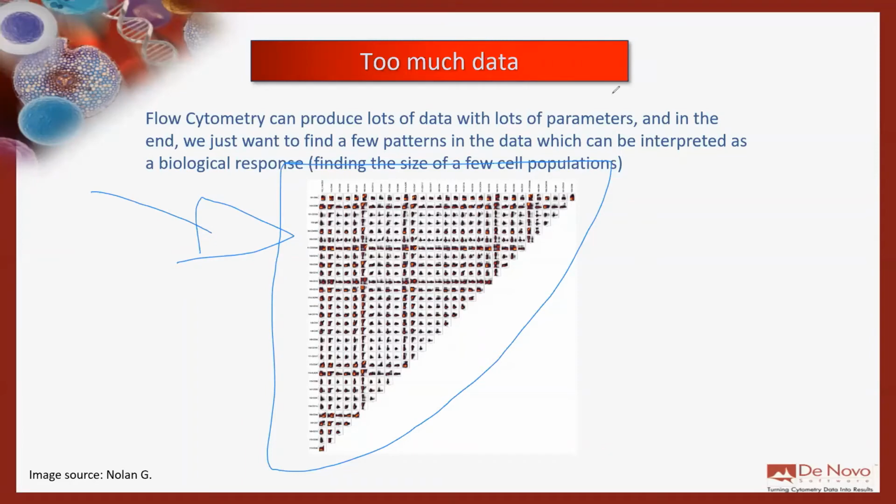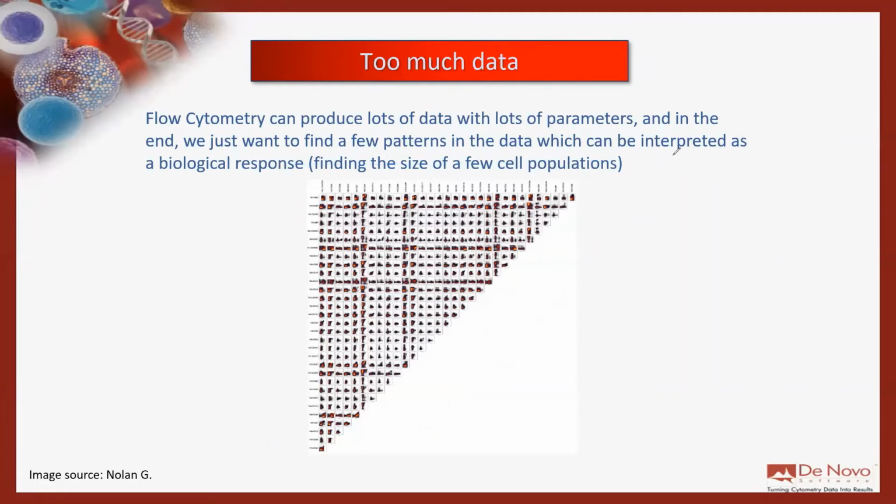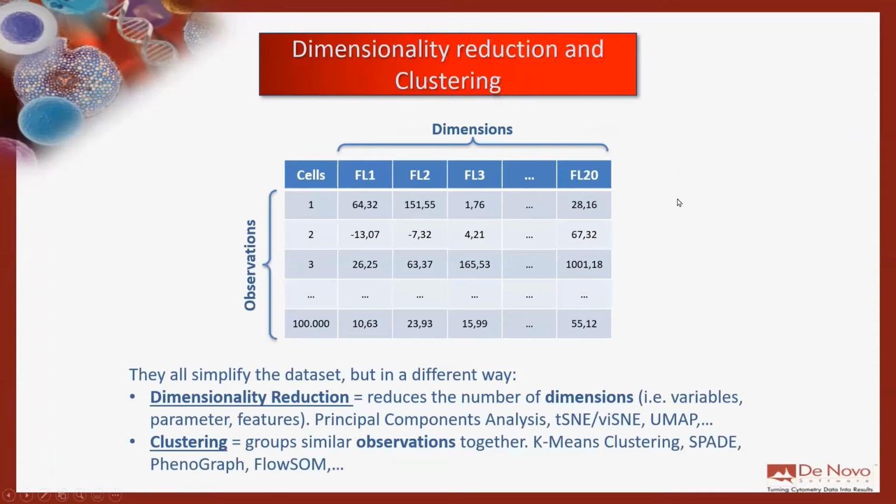Now, if you think about your FCS file generated by Helios as a matrix, you can imagine this matrix to have cells in rows and dimensions, so markers, in columns. In this case I just have 20 parameters, but you will have like 30 or 40. Now, we need to simplify this table. We need to simplify the data.